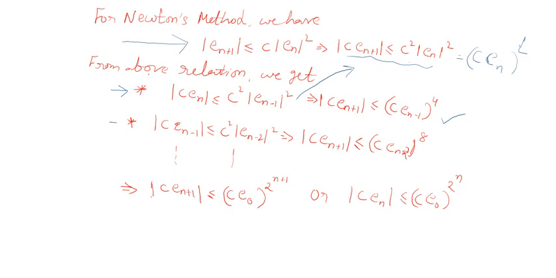Now if you follow the next step and replace n by n minus 2, you will get the following, and using this here you will get the following. Now you see this 8 is 2 cube and so on. If you follow the pattern, you get the actual inequality which we want to claim.